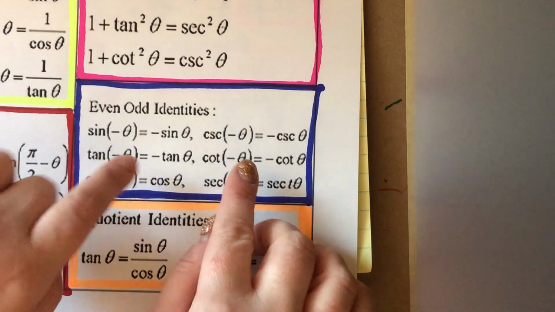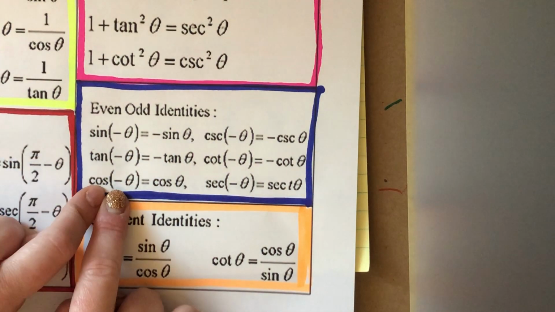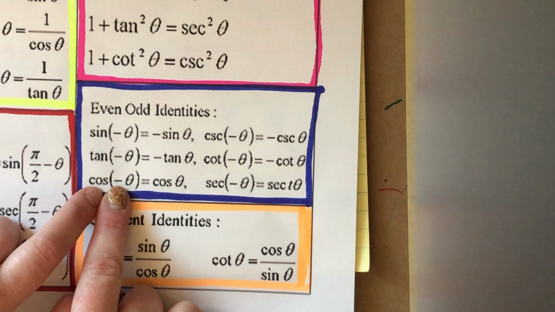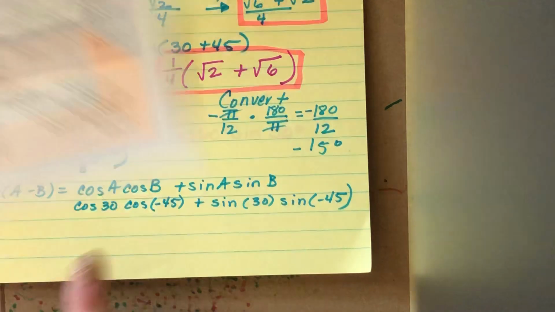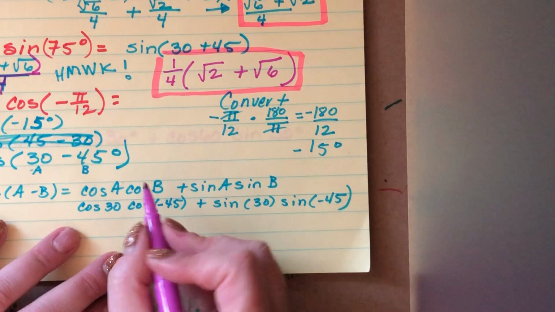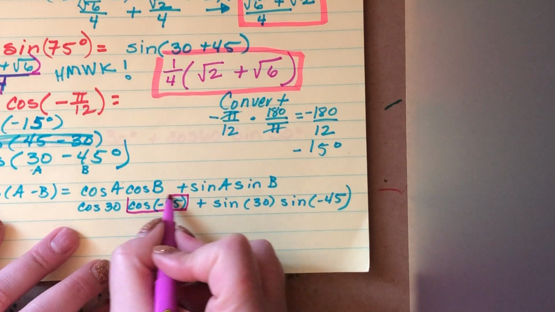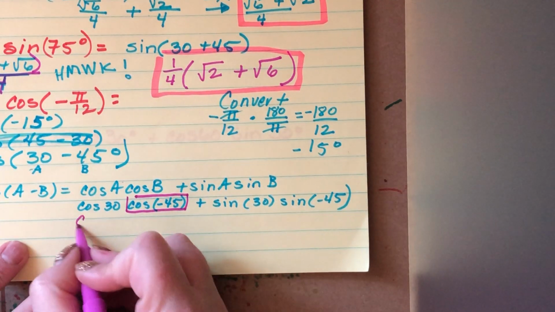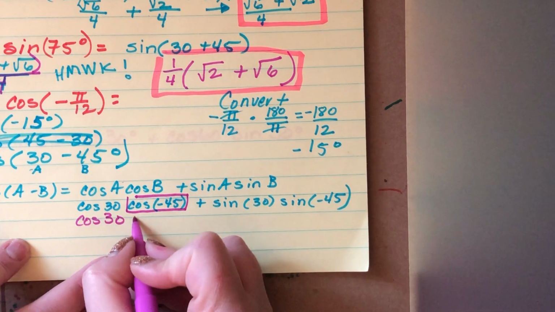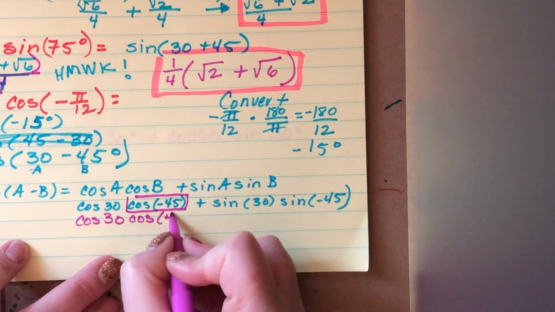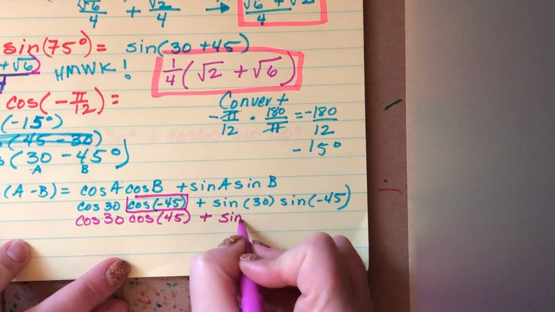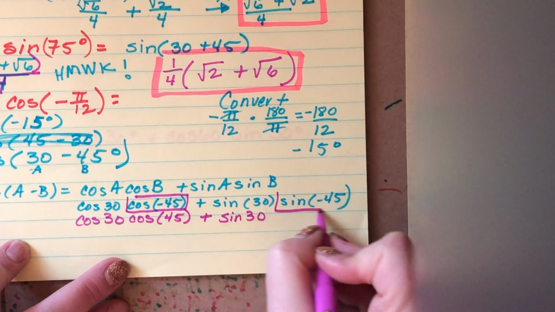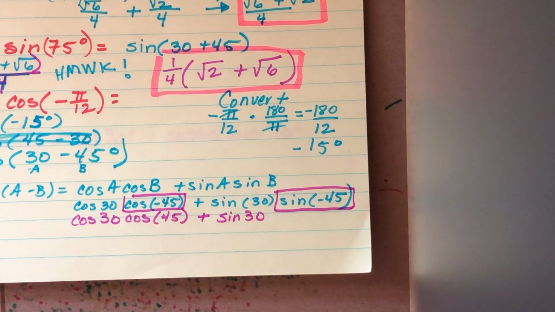So let's see here. Cosine of a negative angle is just equal to cosine of the regular angle. So this cosine negative 45 just makes cosine regular 45 plus sine 30, and let's see what sine negative 45 is.